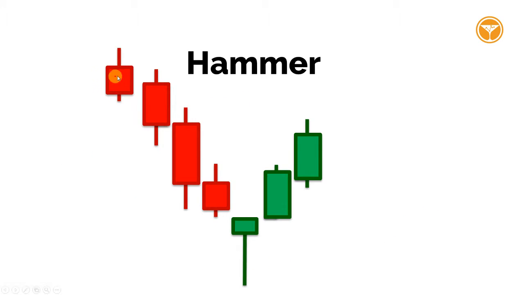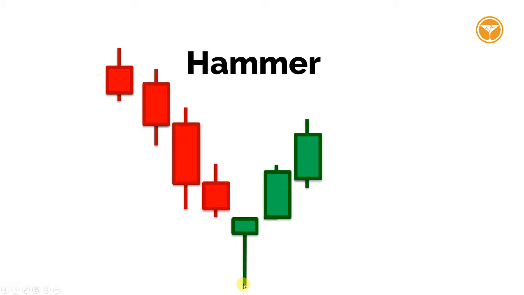So what is a hammer? A hammer basically is the signification of the potential of an end of trend. What we're looking for is a rejection of price from a critical point. In a hammer, it's always a bullish signal. We're looking for price to come down throughout the length of the candle.